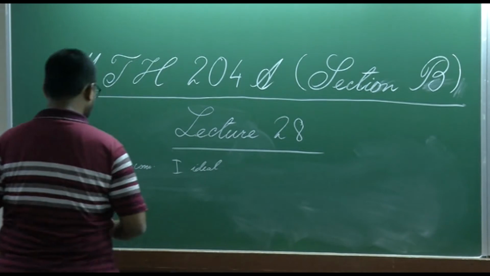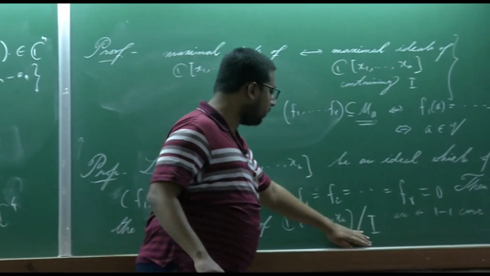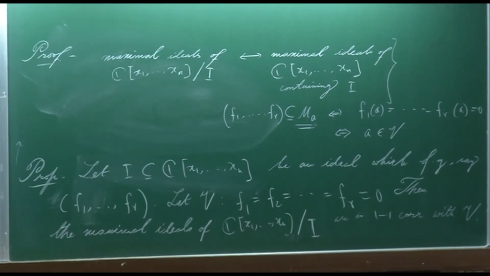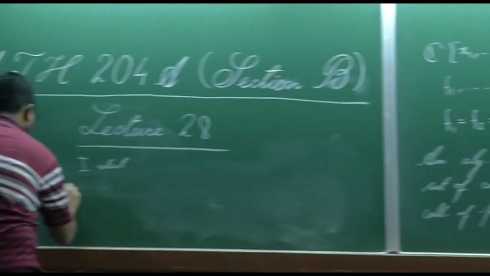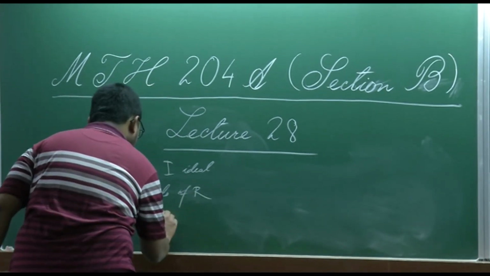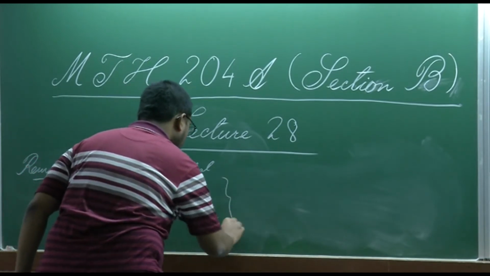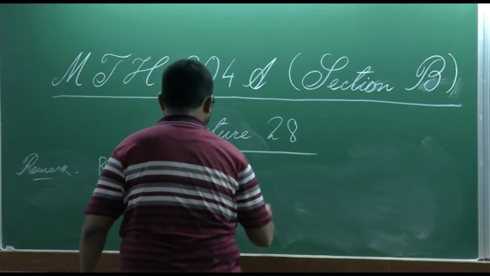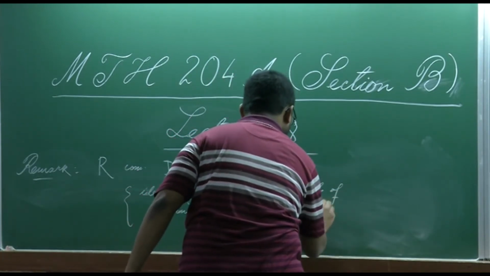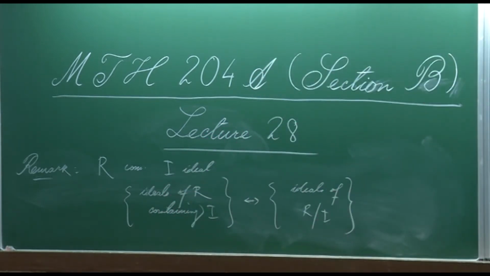What I have just said holds in this generality as well, because we have a one-to-one correspondence between ideals of R containing I and ideals of R modulo I, and this bijection preserves inclusion.